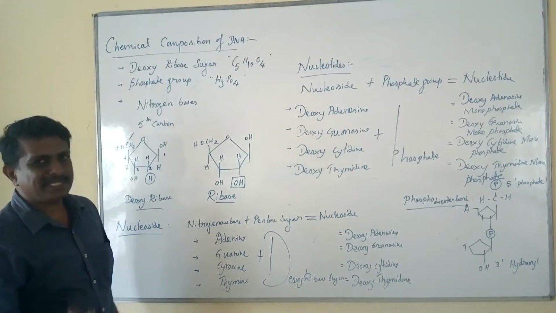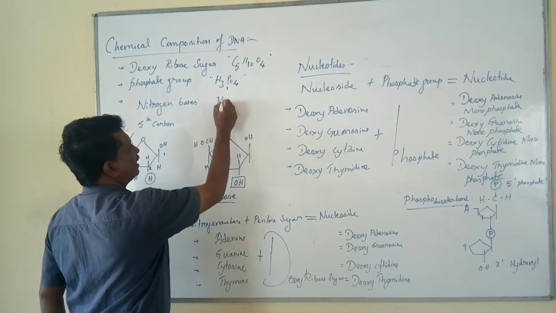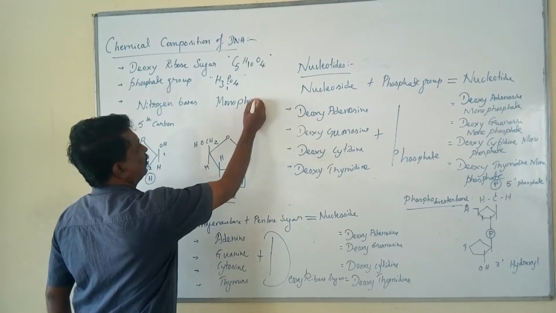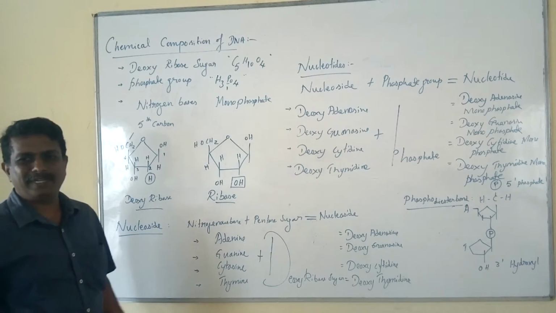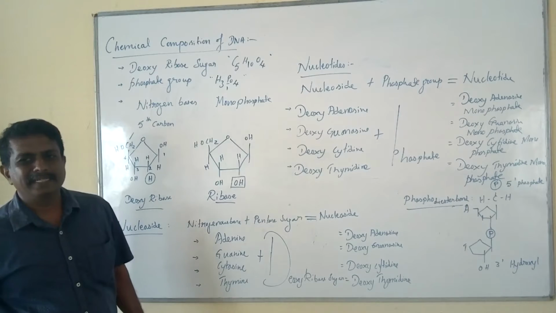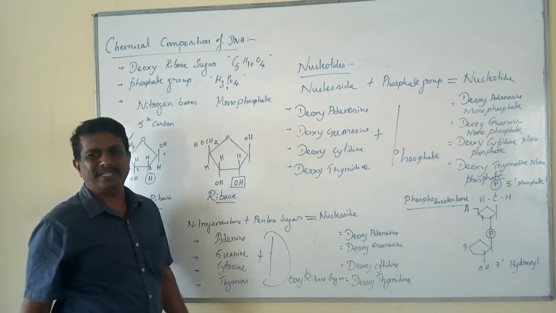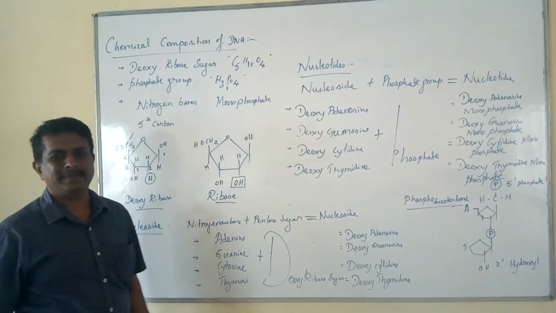Because of the presence of 1 phosphorus atom, it is popularly designated as monophosphate derivative. And it contains 4 oxygen atoms.